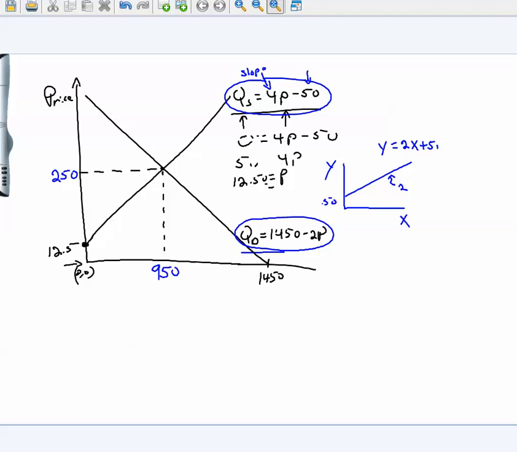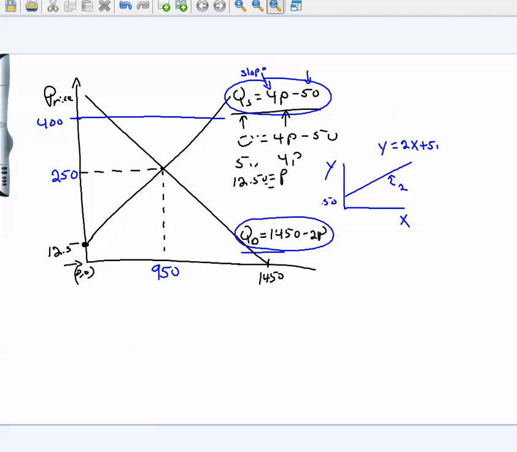Alright, so the next question is, well, suppose the government set a price ceiling at 400. Well, 400 would be way up here somewhere. Now recall that a price ceiling is a rule that says the price can be below the ceiling, but it may not go above the ceiling.